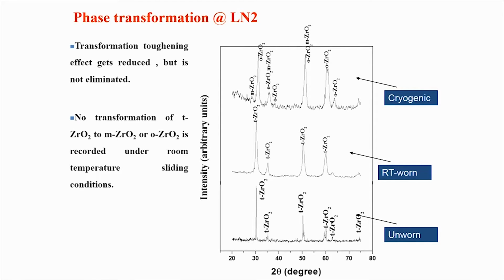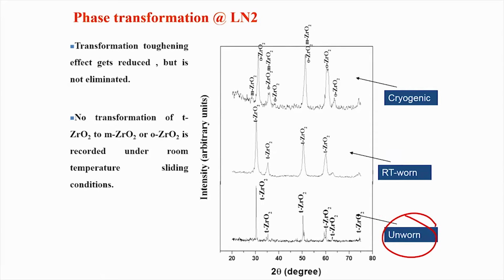Now, from a materials science point of view, it is also important for us to analyze whether phase transformation of zirconia is taking place during the sliding wear conditions. For that, we have taken the sliding track and recorded the X-ray diffraction pattern from the unworn surface, that is, before the sliding test.